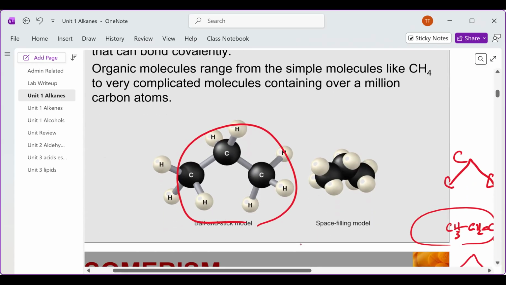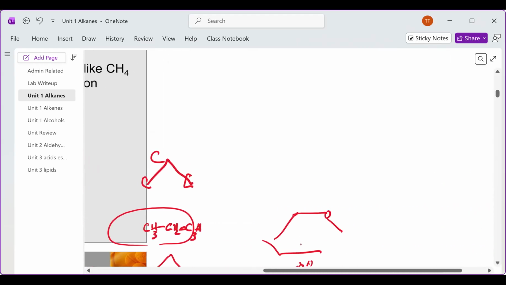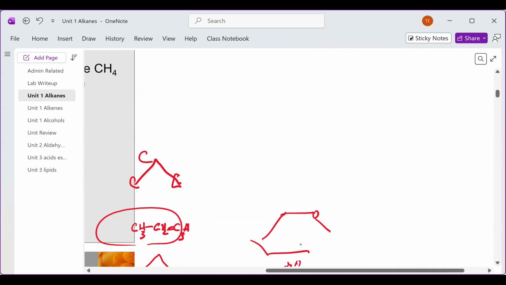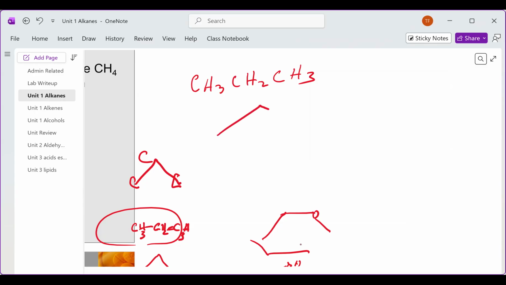Now, we're going to be using something called line drawings. Line drawings are quick ways of representing an organic compound or a biochemical compound. For example, if we have propane, which is 3 carbons, that's a lot of H's to write, a lot. So instead of that, we're going to represent the CH3, CH2, CH3 with that. Now, this is called a line drawing.